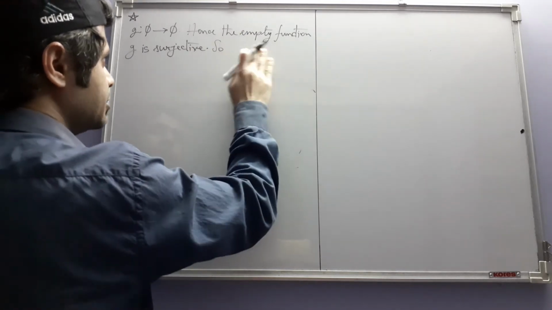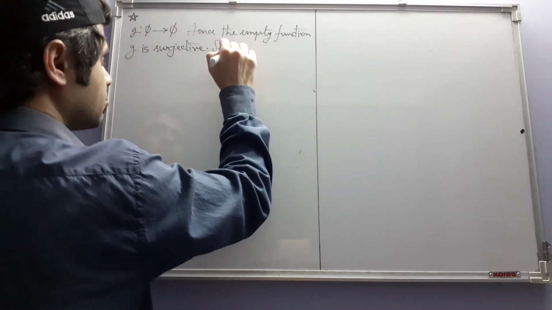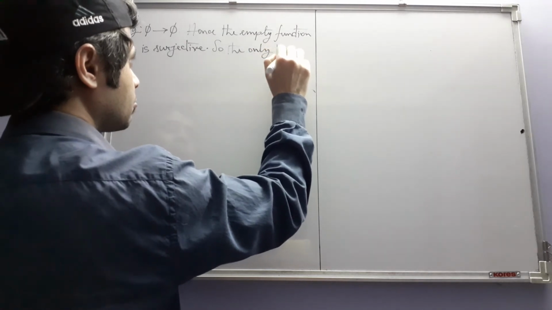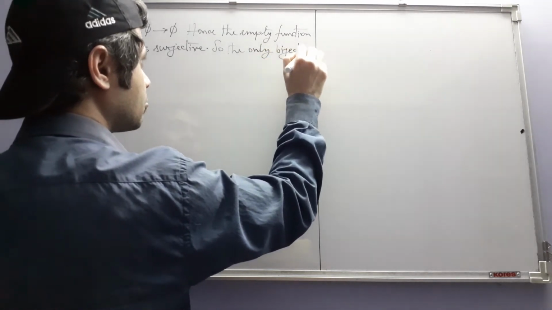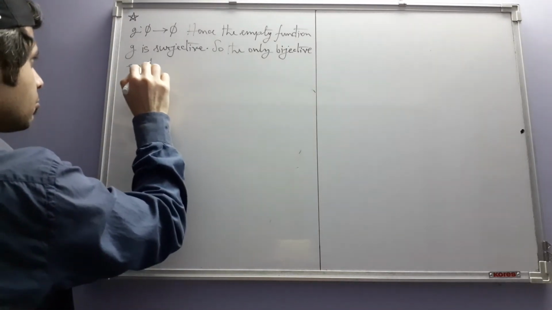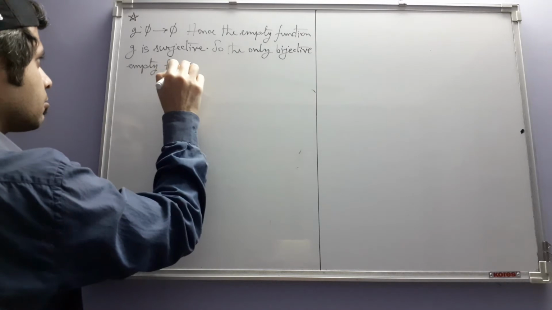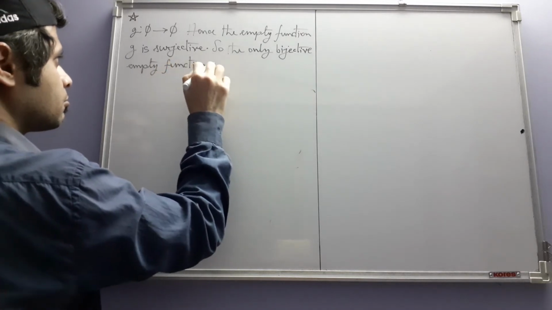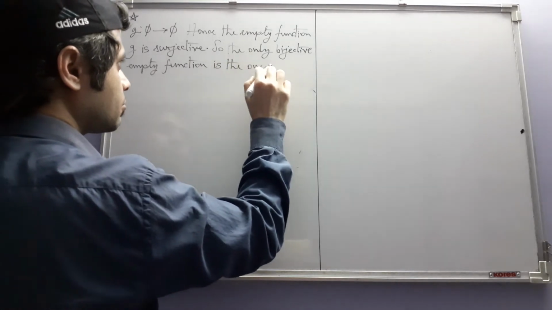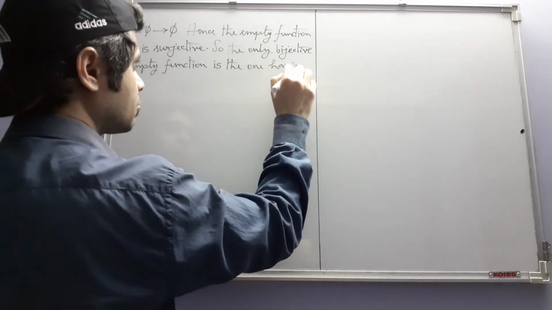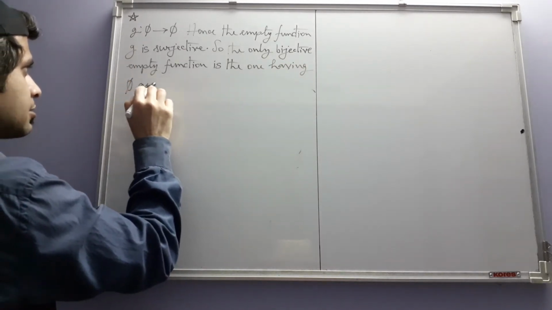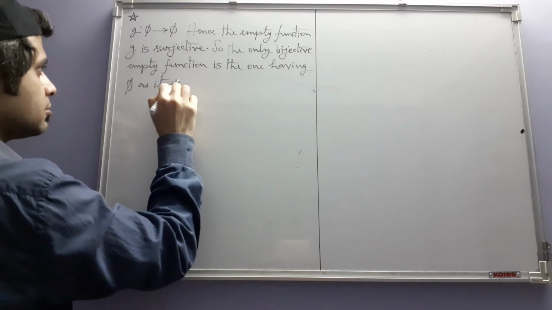Or we can write like this: the only bijective empty function is the one having the empty set as its range.